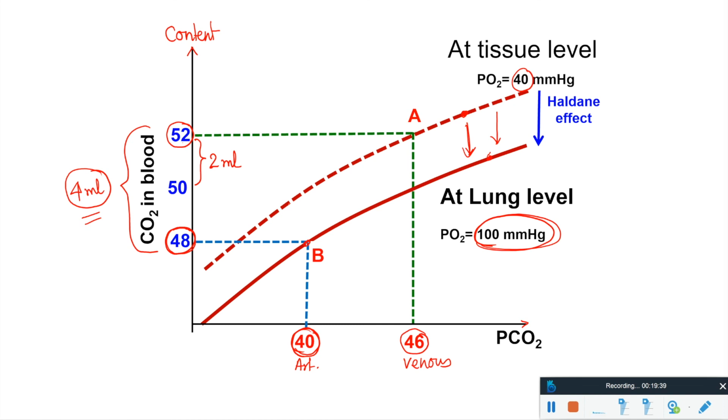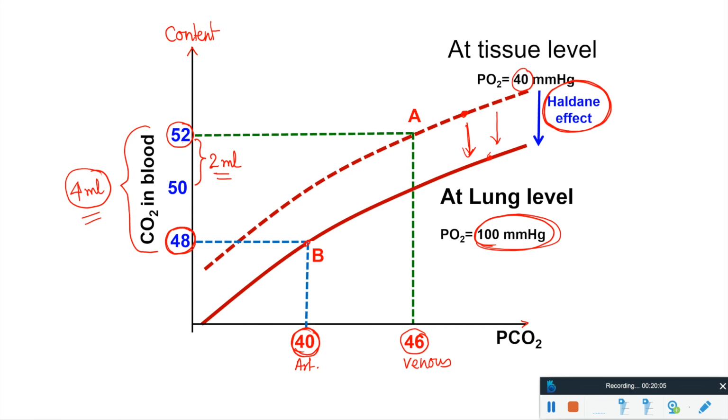Otherwise, if the curve is not shifting, we have already discussed that the difference between arterial and venous blood carbon dioxide is only 2 ml. That means the shifting is doubling the carbon dioxide difference between arterial and venous blood. And the shifting of the curve is nothing but the Haldane's effect.